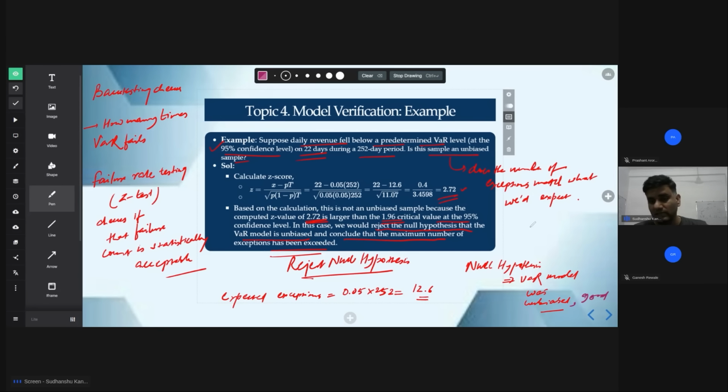So again the same logic: when you reject null, it means the model is bad. You fail to reject null, FTR I'm writing as a short form. Fail to reject null means the model is okay or good. Null hypothesis, model was unbiased. So this is the null hypothesis.